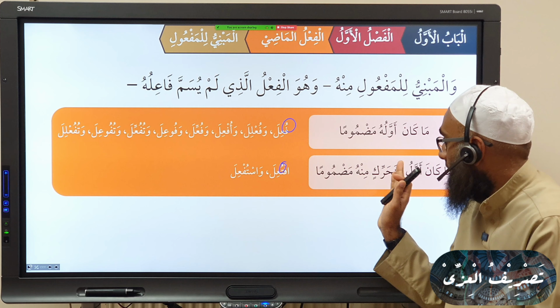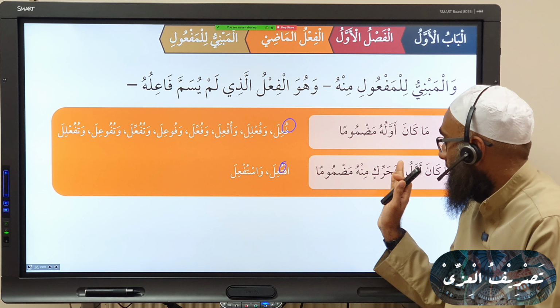And another name for this is what? وهو الفعل الذي لم يسمى فاعله. Another name for مبني للمفعول is what? It's an Arabic name. الفعل الذي لم يسمى فاعله. Yes? How do you translate this? That it is that verb whose subject, and لم يسمى means not mentioned or not named.